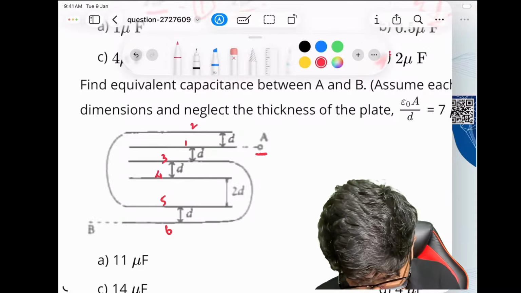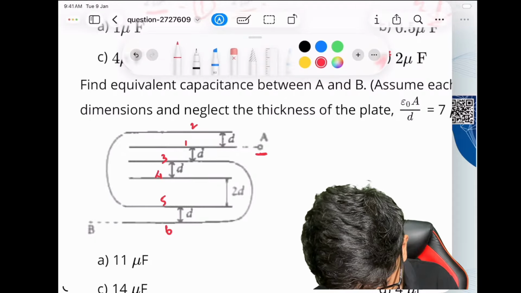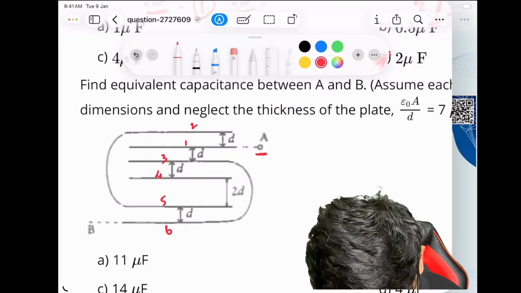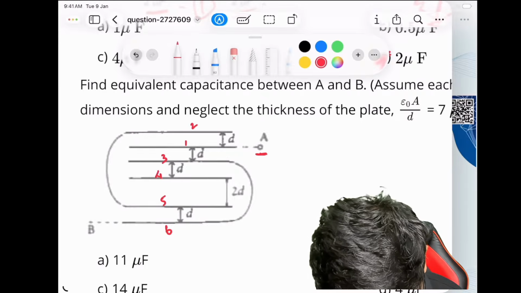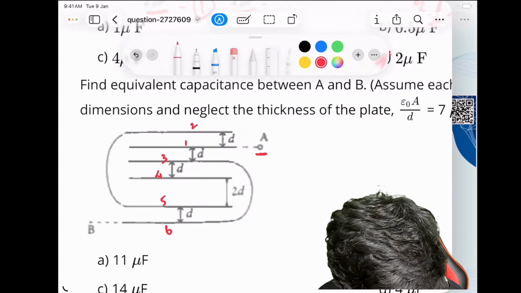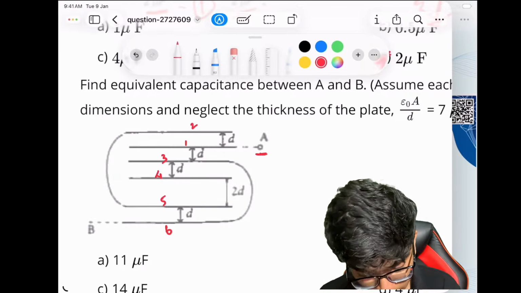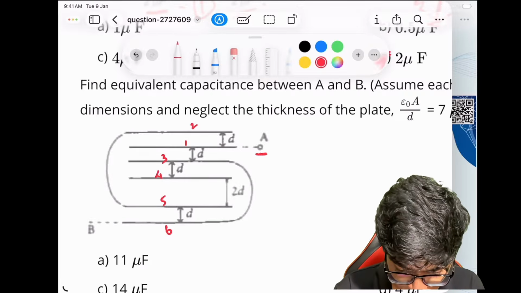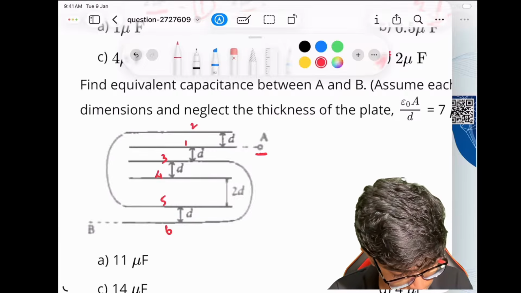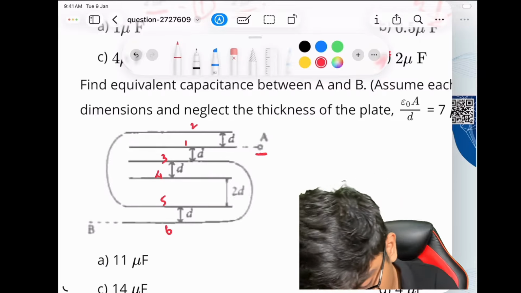Correct. This is connected to B. The 6th one is connected to B. The 5th one is connected to... it is connected like this.